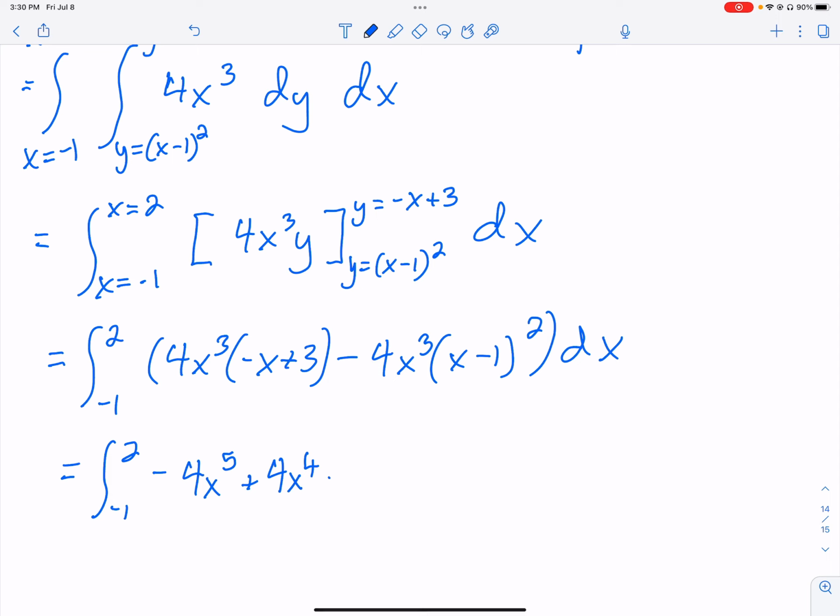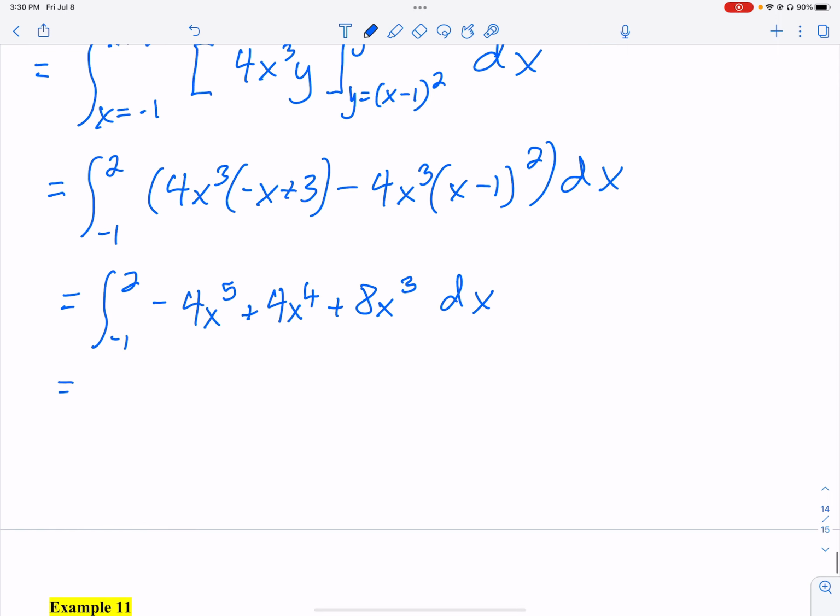And then a plus 8x to the third. I think that's it. Yeah, dx, right? I integrate all that. Okay, so I get negative, it's going to be negative 4/5 x to the fifth. Something happened in here. I don't think that's a 5. I think there's an error in here. Let's just do it. I'm going to do it by hand because I think my notes are off.